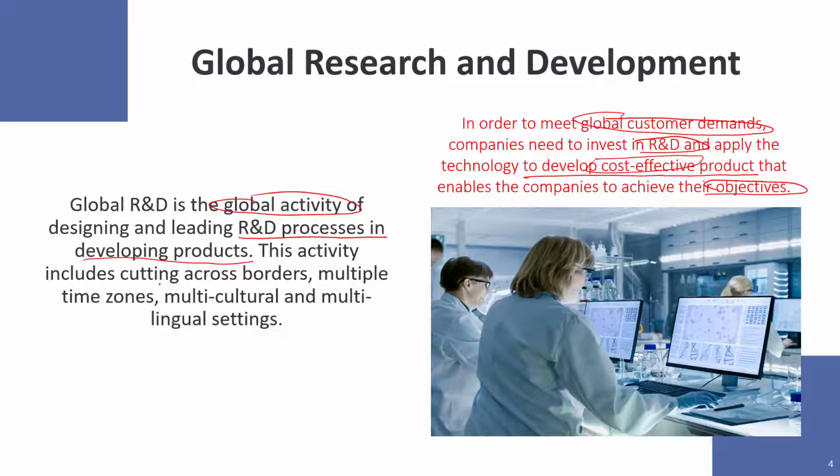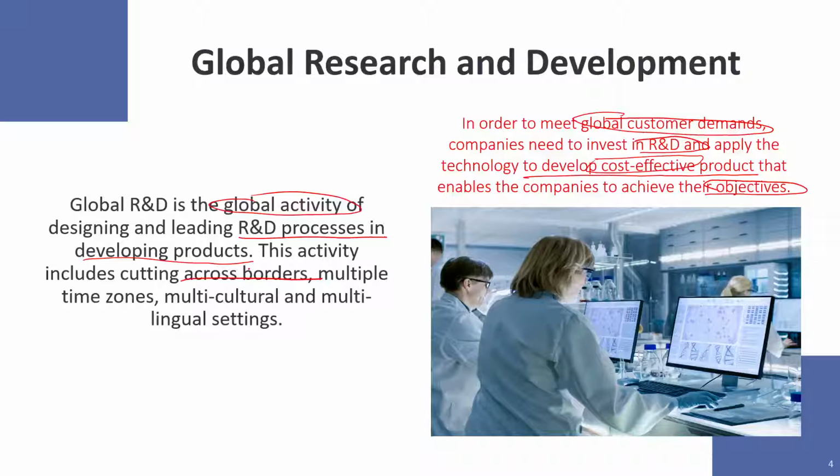This activity includes cutting across borders. So for example, we have R&D staff in Japan, and we have R&D staff in the US as well. So we usually combine the intellectual property that we have in those two countries, and therefore it is also called joint research.